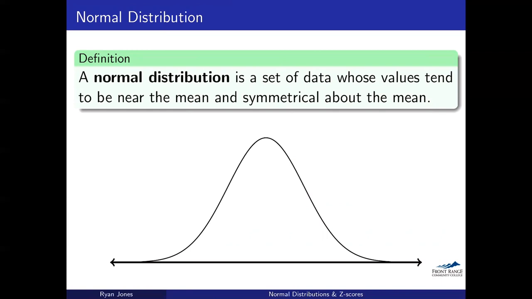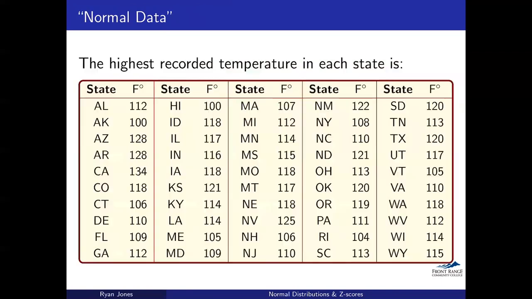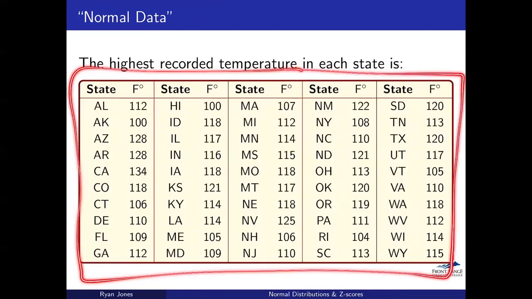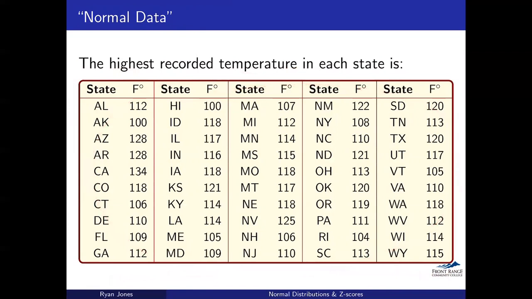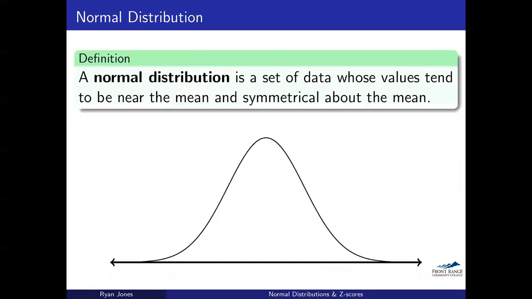What I might say verbally to someone in conversation, looking at this table, is oh yeah, this data right here is normally distributed. And so normally distributed is a name for data. And what we say is it follows this shape if you were to plot it on a histogram.